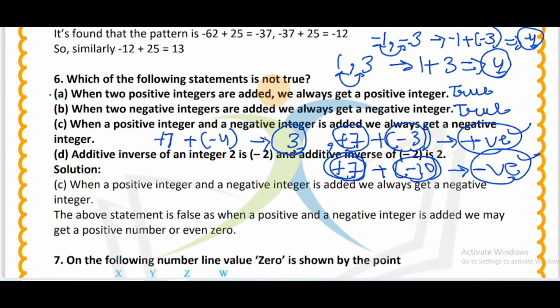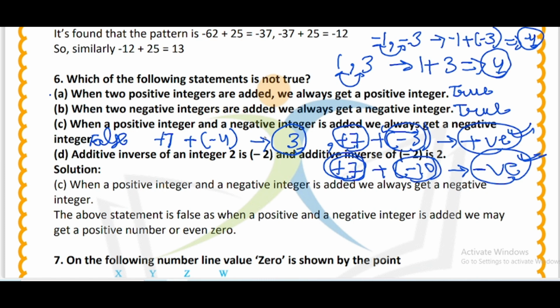But the question says when a positive integer and a negative integer are added, we always get a negative integer, which is false, because we may get a positive integer or a negative integer. It means statement C is false.